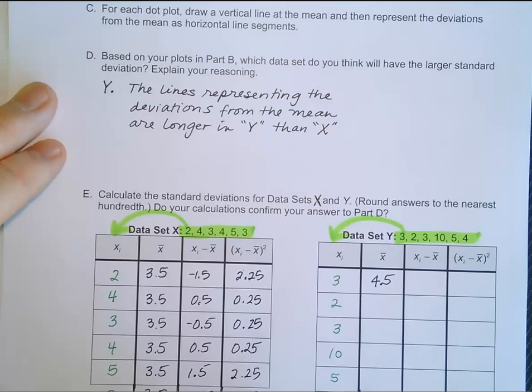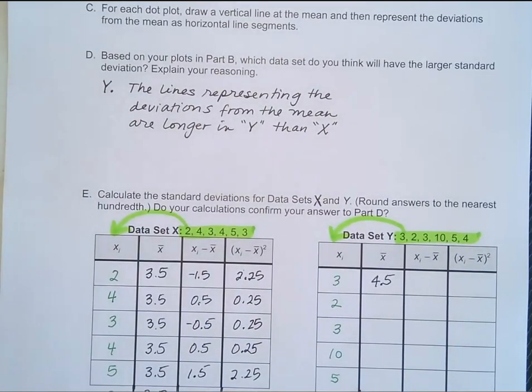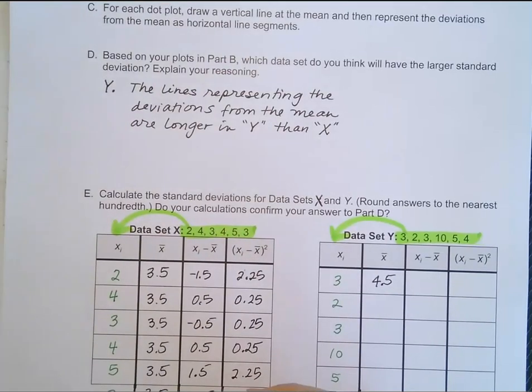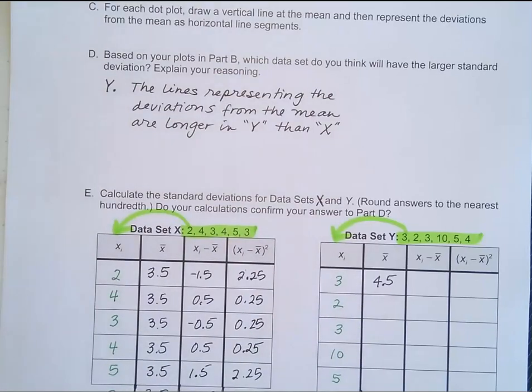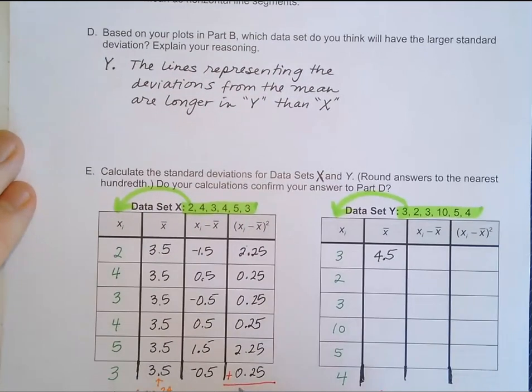I'll do the same thing here. Okay, and then if you remember correctly, you're going to add that final column together. So in this case, we're going to get 5.50.